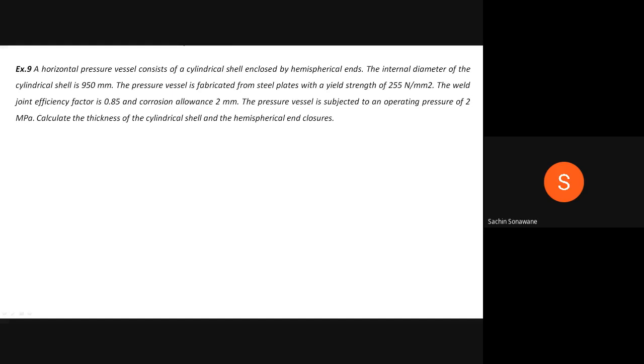Okay, we'll write down the given quantities. First of all, write down the given data. Solution.